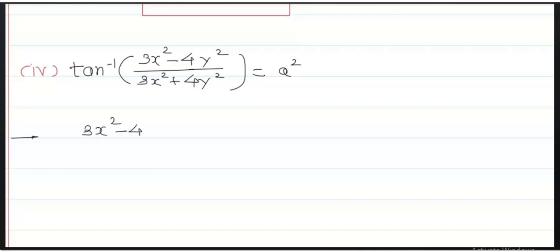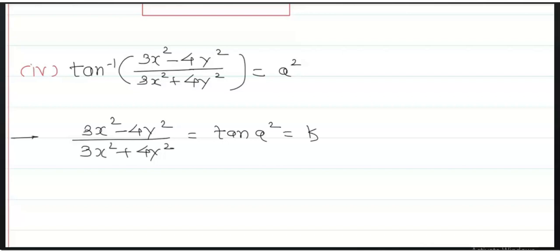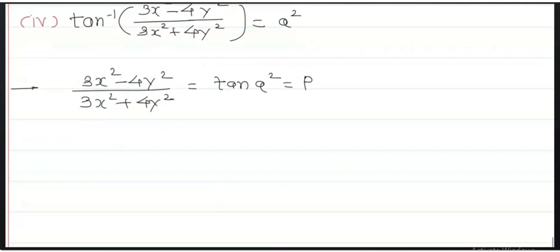Now 3x square minus 4y square upon 3x square plus 4y square is equal to tan of a square, that is equal to k, or it is p. Therefore 3x square minus 4y square upon 3x square plus 4y square is equal to p.